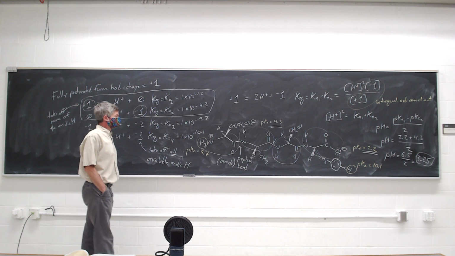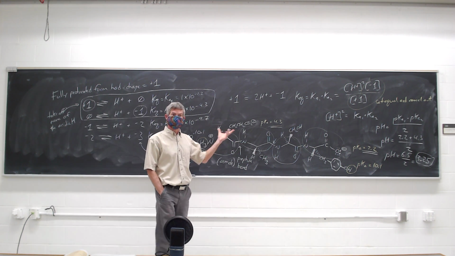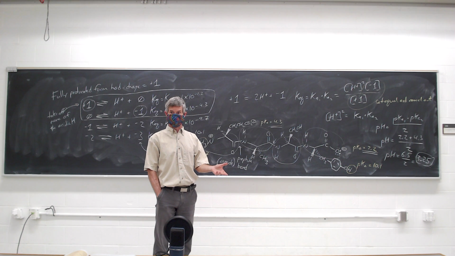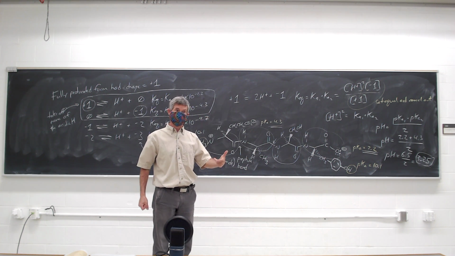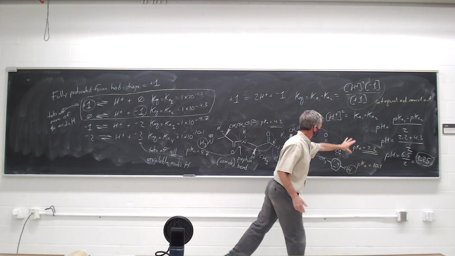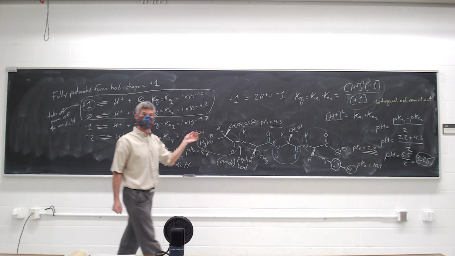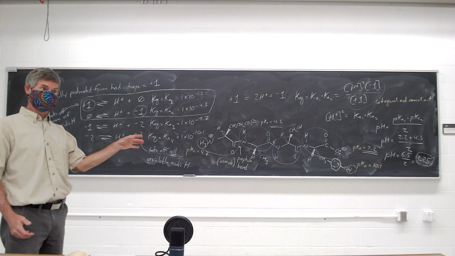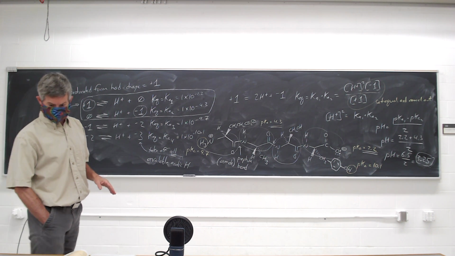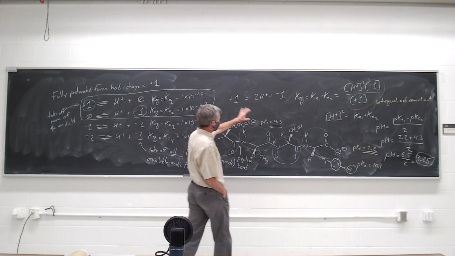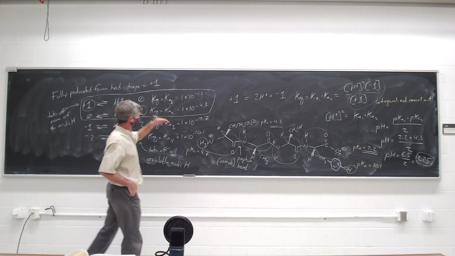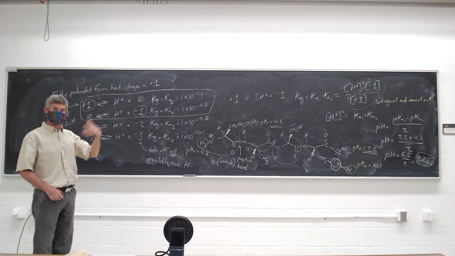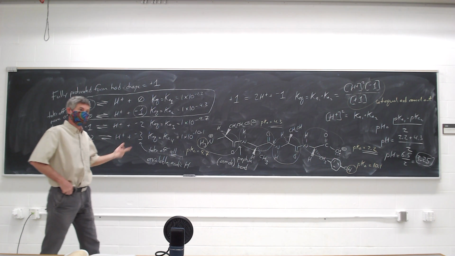So in practice, what you want to do always is draw the completely protonated form of the peptide, figure out what its charge is, write down all the pKa's for all the possible protons that could be removed, either protonated basic side chains or carboxylic or acidic side chains. Right? And then you want to take each one off in turn. All the ones that are lower than 7.4 will come off at physiological pH, and the ones above will not.